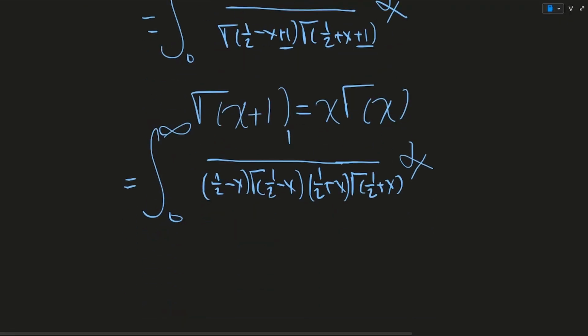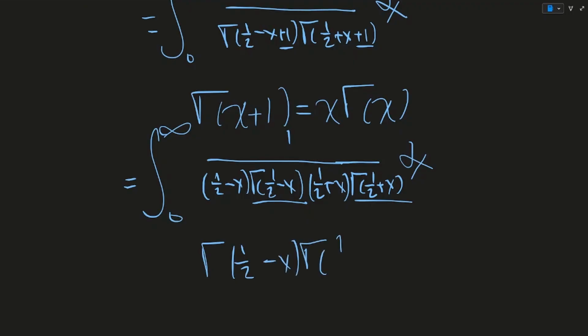And now these two terms allow us to rewrite the expression into something a lot simpler, because multiplying these two terms out actually yields a specific form of the gamma reflection property, which is gamma of (1/2 minus x) times gamma of (1/2 plus x) is equal to pi over cosine of pi times x.